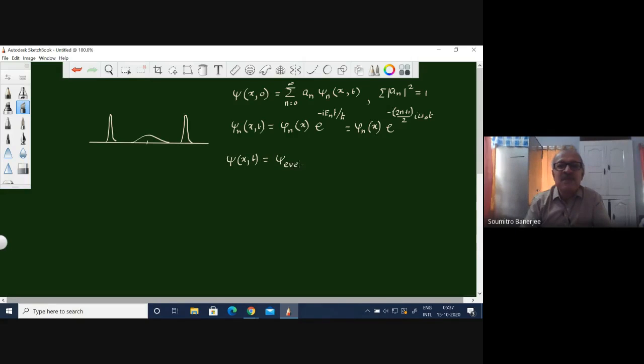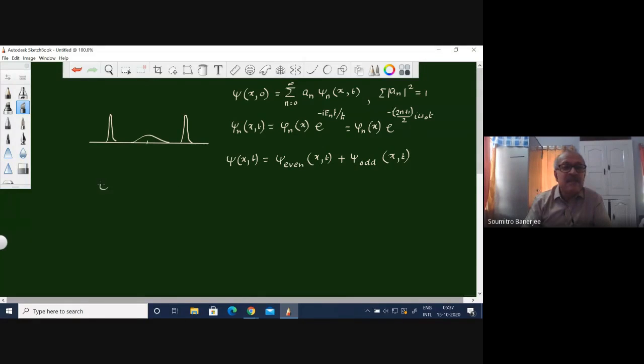I'll write it this way: psi even, it will be x and t, plus psi odd, again it will be x and t, right? Now, which are the even parts and which are the odd parts?